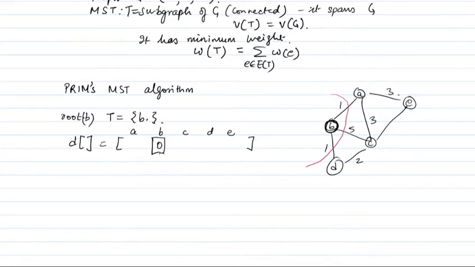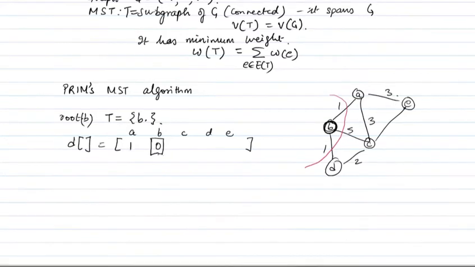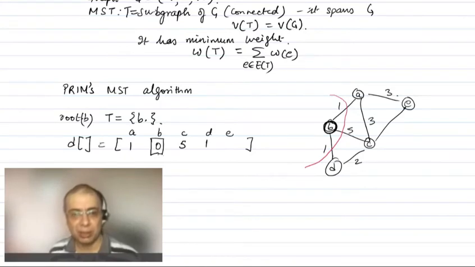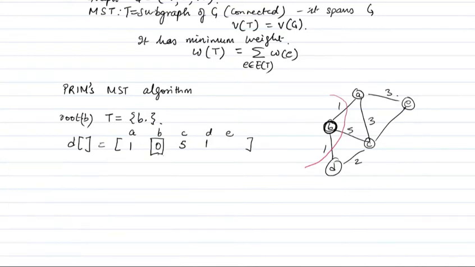Now let's look at all the vertices outside of T and see the distance to them. The distance from the set T to the vertex A is 1, which is the edge BA. Similarly to C, you have a distance of 5, and to D, a distance of 1. What about E? E is currently not directly reachable from the vertices in T. We are only looking at direct edges, not paths leading to the vertices.